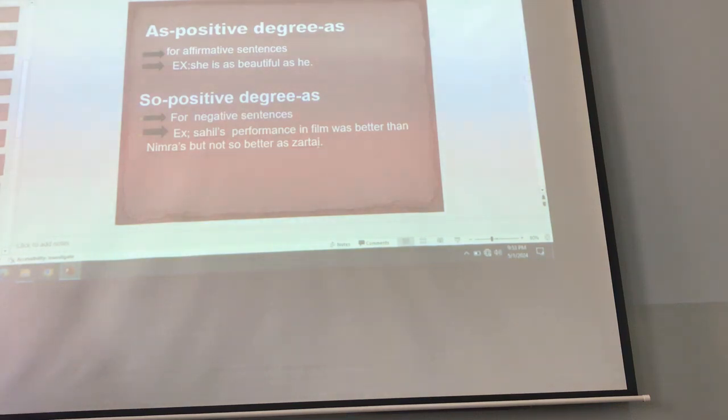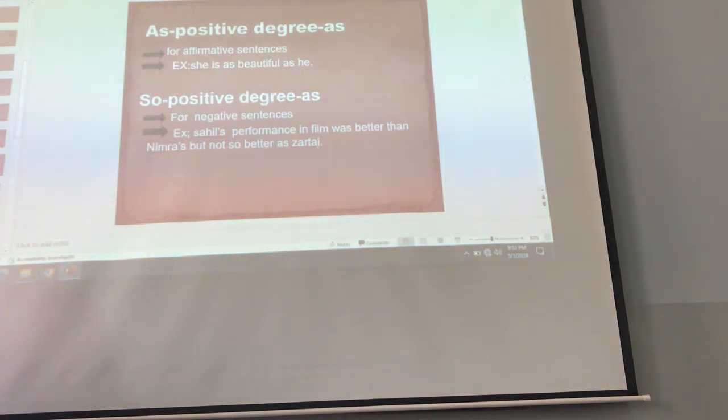The first structure is "as", positive degree, and "as", for affirmative sentences. For example, she's as beautiful as he, and she's as beautiful as a fairy. So we are comparing her with the fairy, but we are using "as" and the positive degree, not the comparative degree.